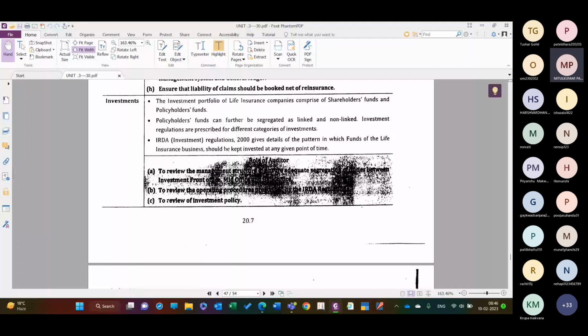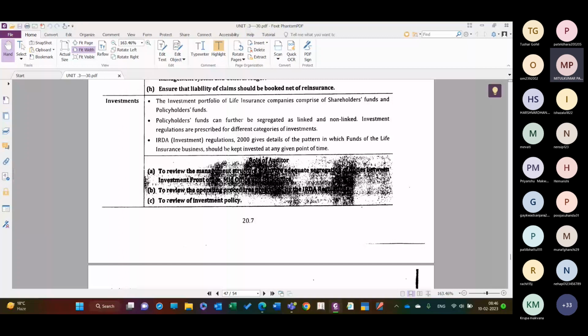Policyholders' funds can further be segregated as linked or non-linked. So there are ULIPs, unit-linked insurance policies, and non-unit linked insurance policies, so linked and non-linked.